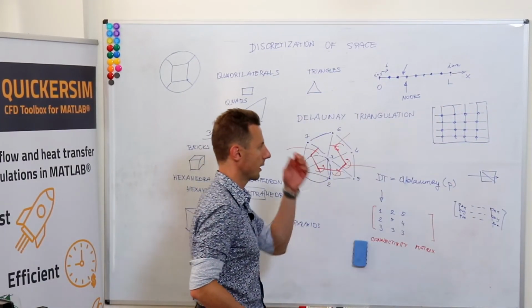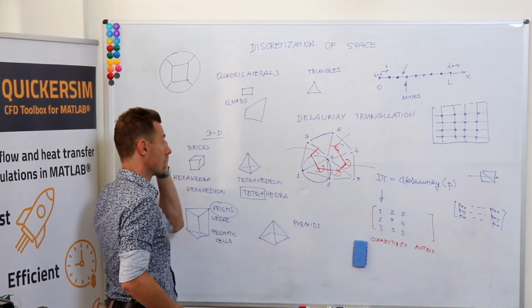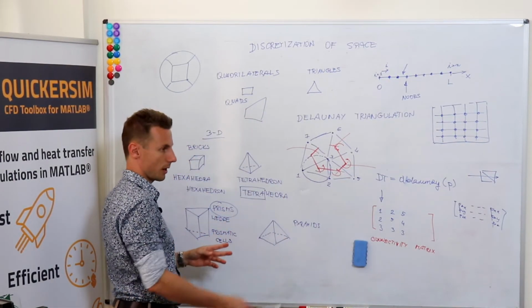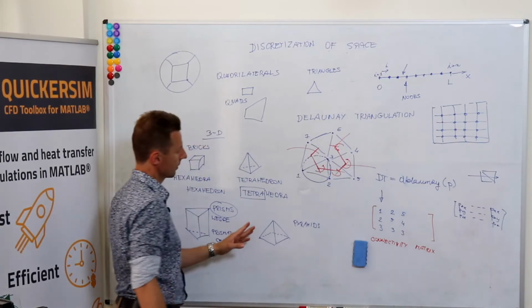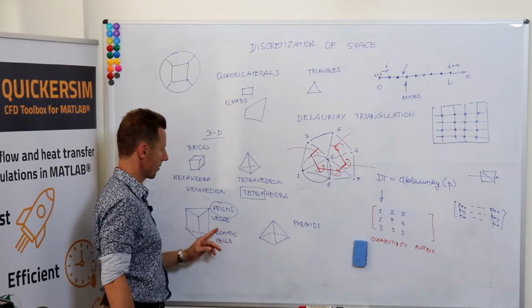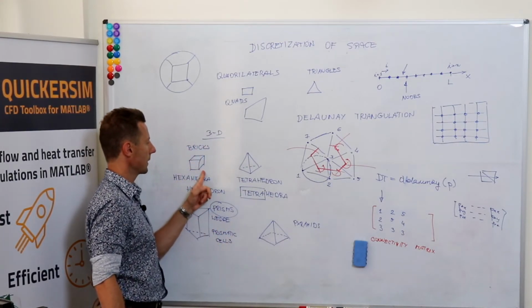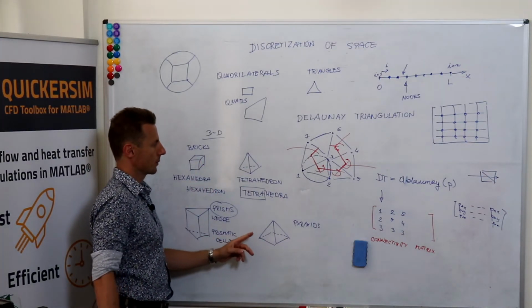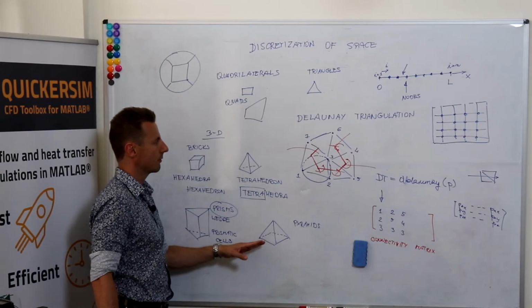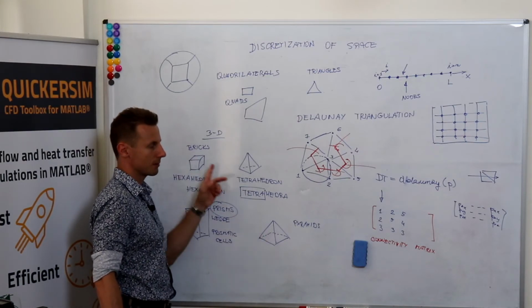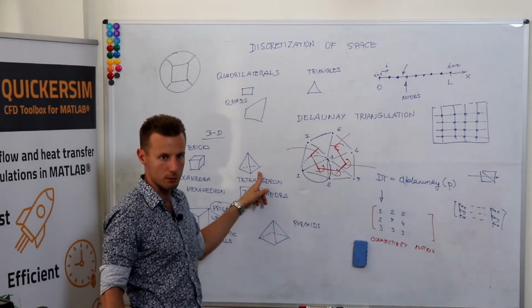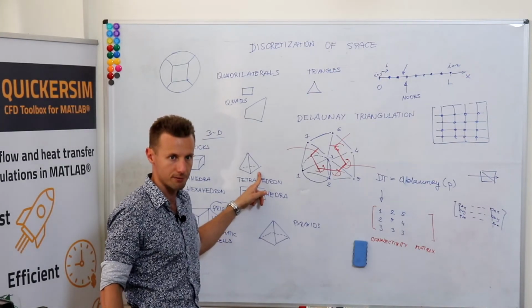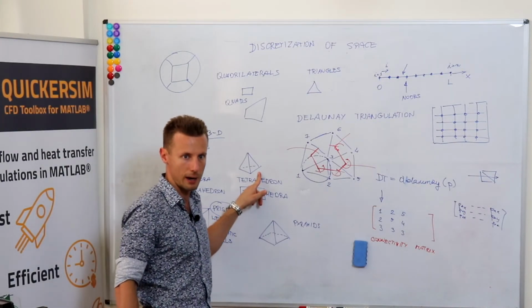The last comment is that you can always subdivide bricks or any other elements. You can find an automatic way to subdivide them into tetrahedra, always. And we do have these procedures in-house.